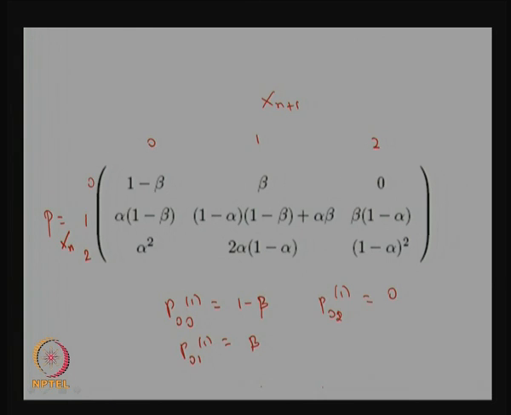And similarly, now we can visualize what is the probability that the number of working machines is 1 in the nth step, and 0 machines will be working in the n plus 1th step. That is possible with 2 independent things.